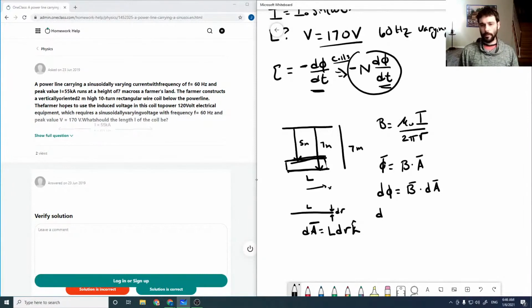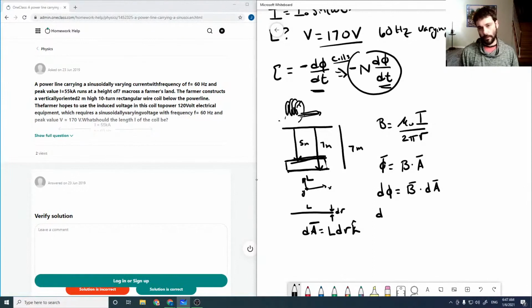So if I go x, y, and so from the right-hand rule, the unit vector for the area comes out of the page. But also my B field follows the right-hand rule. So if I run my thumb along this direction, then my fingers coil in the direction of the field.